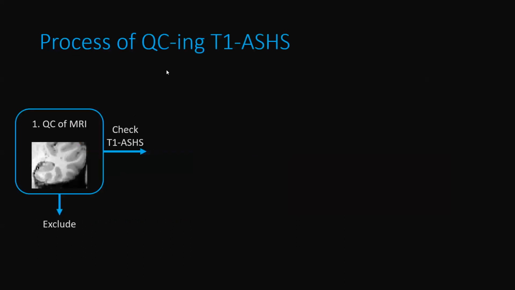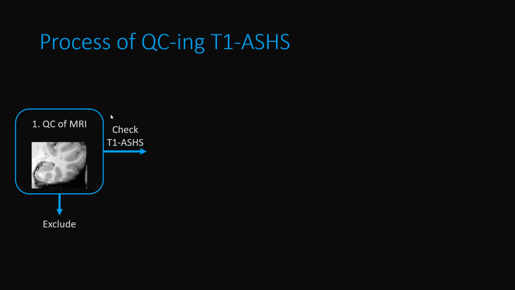First I want to start by giving you an overview of the process of QCing T1-ASHS. I would first start with QC of the MRI scan, because if the MRI scan is no good, the automated segmentation is also not going to do a good job.